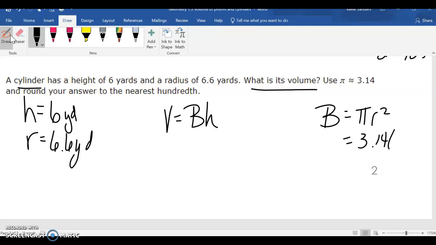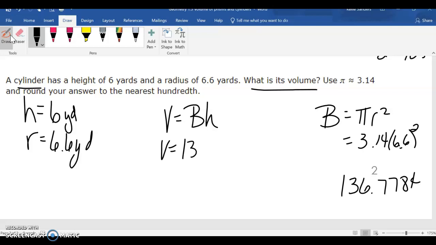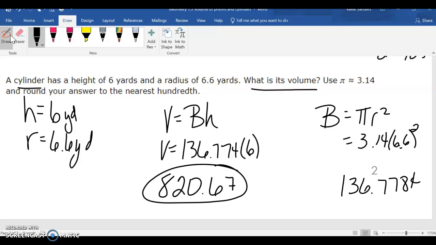So 3.14 times 6.6 squared. 136.7784. I'm not going to round until the very end. And then the height is 6. 820.67 to the nearest hundredth, 67 yards cubed.